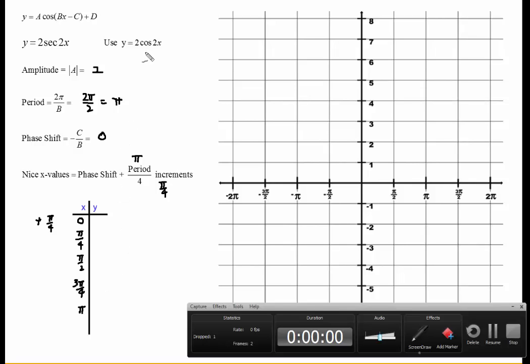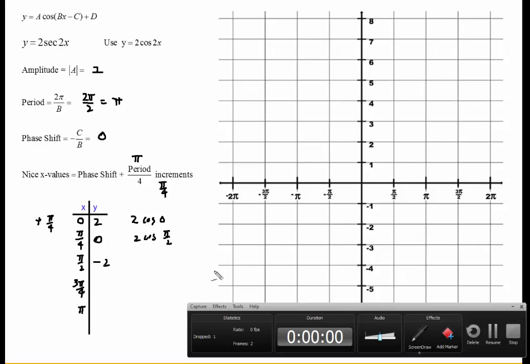So plugging in, 2 times the cosine of 2 times 0 is 0. The cosine of 0 radians is 1, times 2 is 2. And again, you can use your calculator in radian mode to check this. Pi over 4 here would give us 2 times the cosine of 2 times pi over 4, which is pi over 2, which would go back to 0. At pi over 2, we would get the cosine of pi, which is -1.